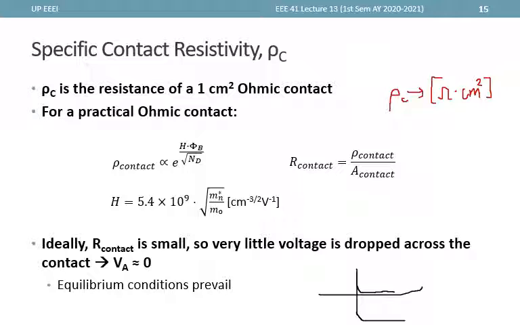So approximately speaking, equilibrium conditions prevail in our practical ohmic contacts.